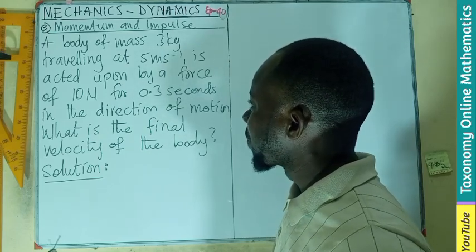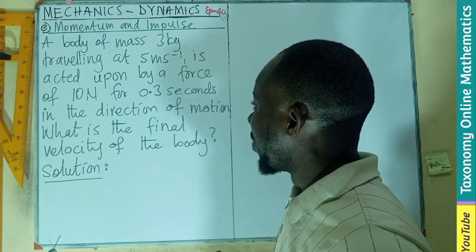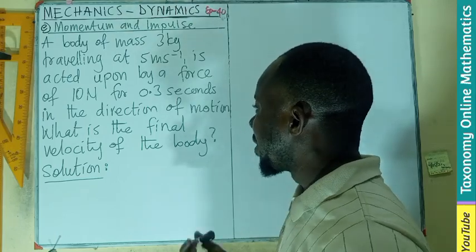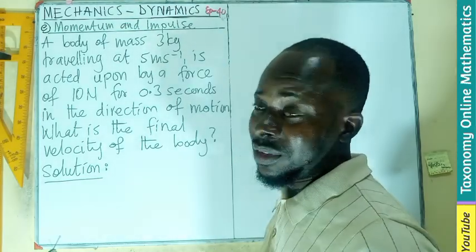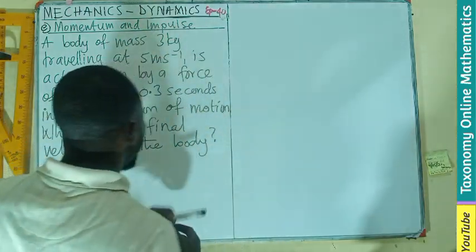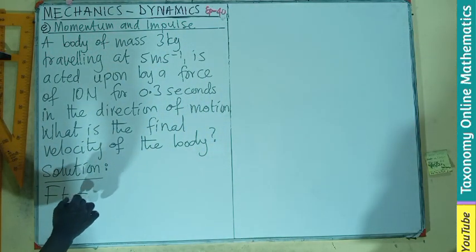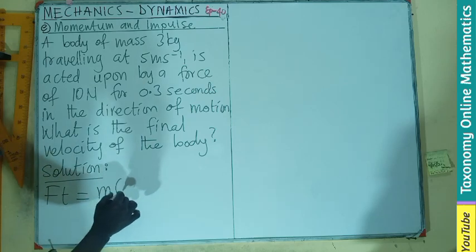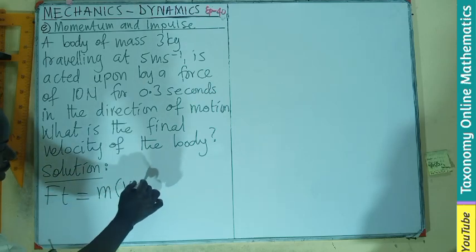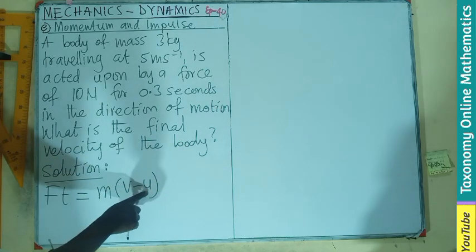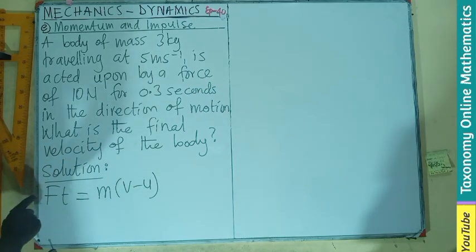So we have the mass, the initial velocity, the force, the time, and final velocity. In this case, let's deal with impulse. Impulse is Ft equals m(v minus u), where u is the initial velocity, m is mass, and F times t is force times time.